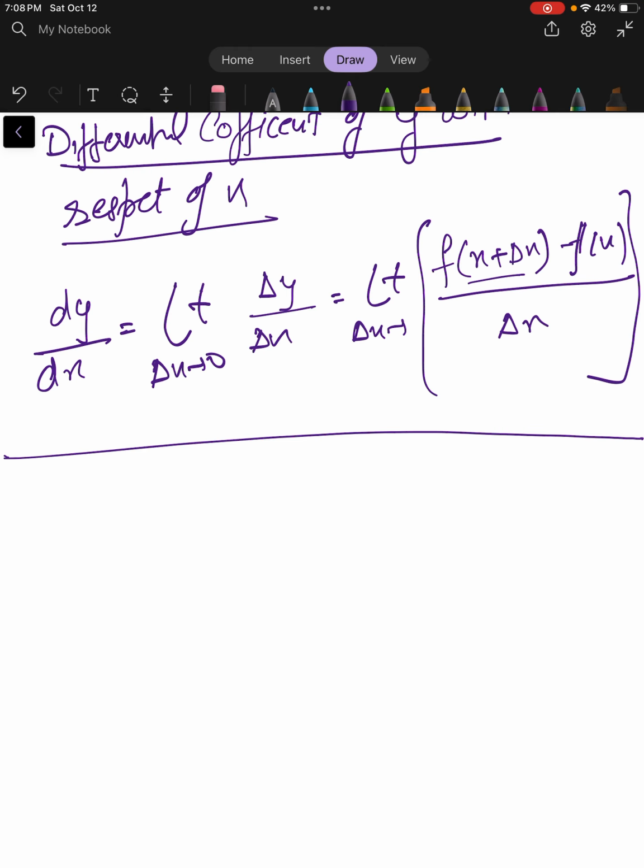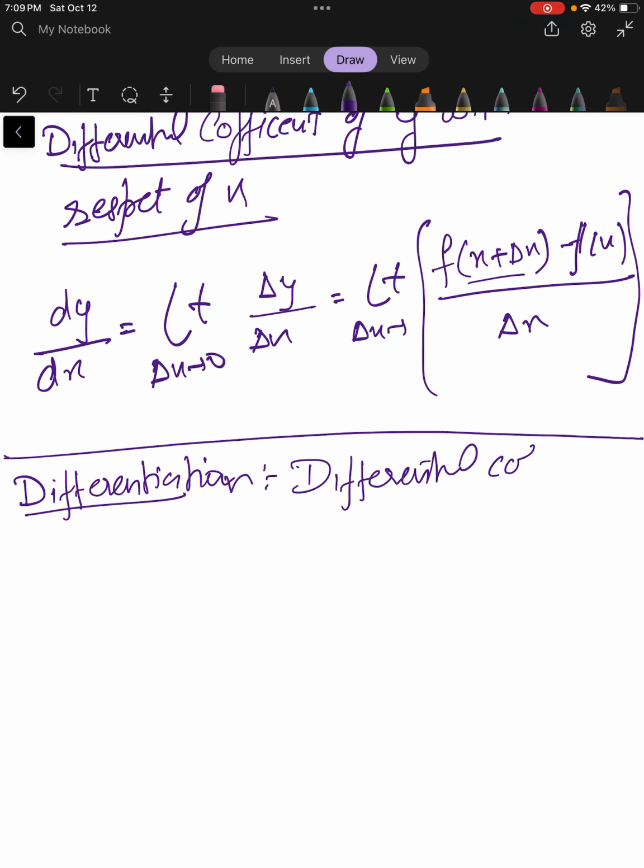So differentiation: the process of finding the differential coefficient of a function is called differentiation. This is the differential coefficient.